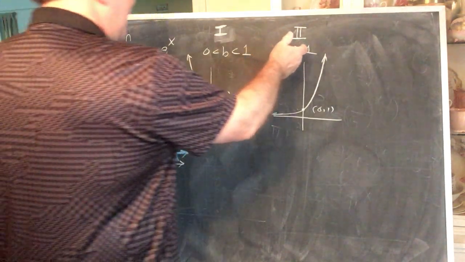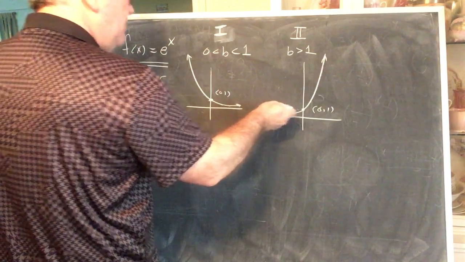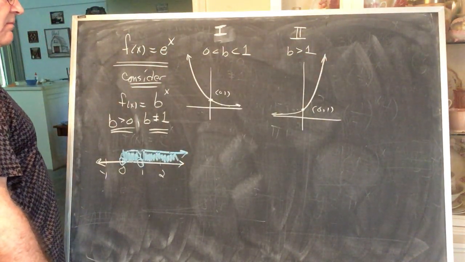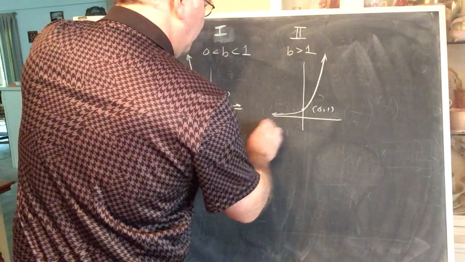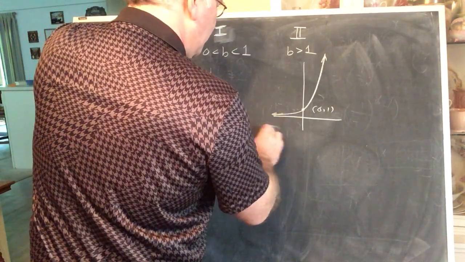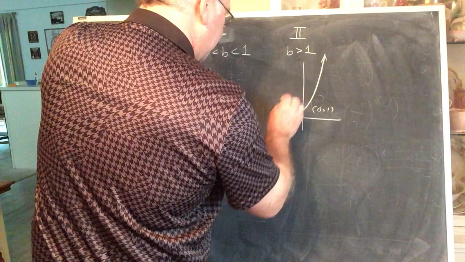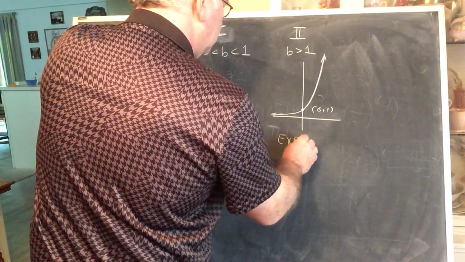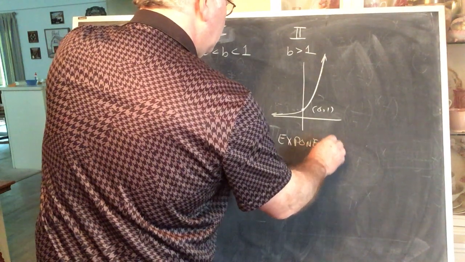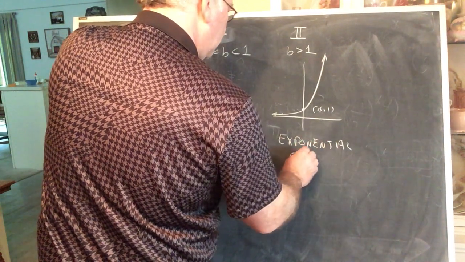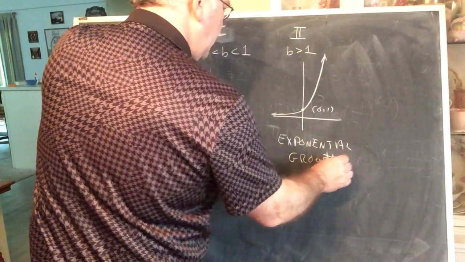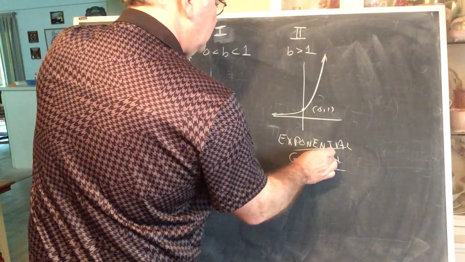Now, for any value greater than 1, this is the general sketch. We use this to represent what's called exponential growth.